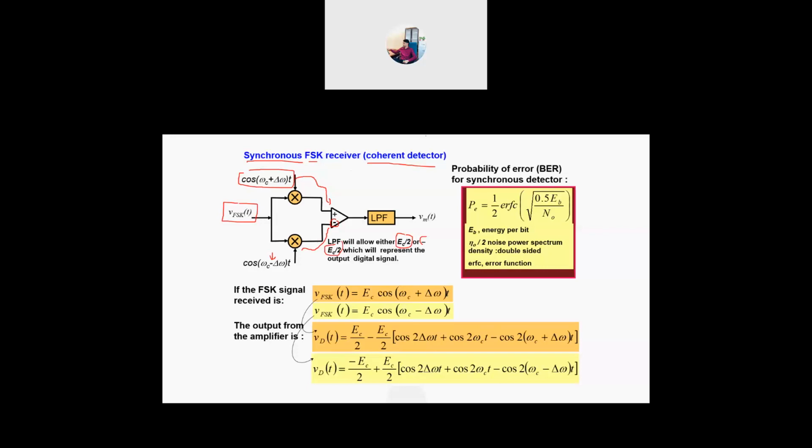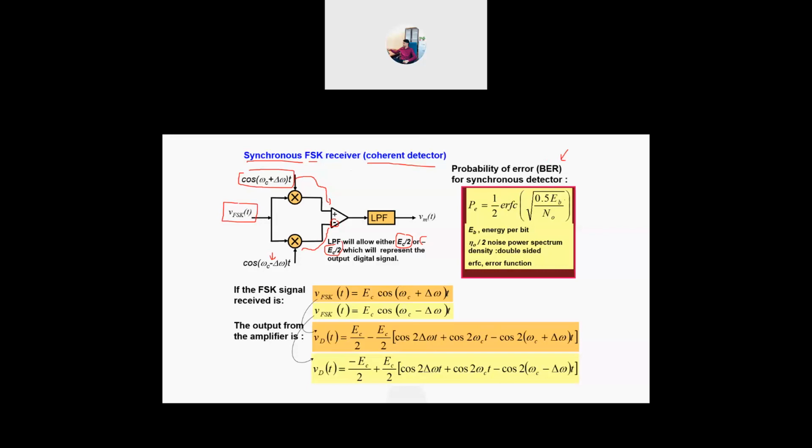Okay, so this is the probability of error, which is the bit error, the probability of finding an error bit over the total bits. So here is over the total bits. You have here 1 over 2. This one is the error function, this one we have learned before.